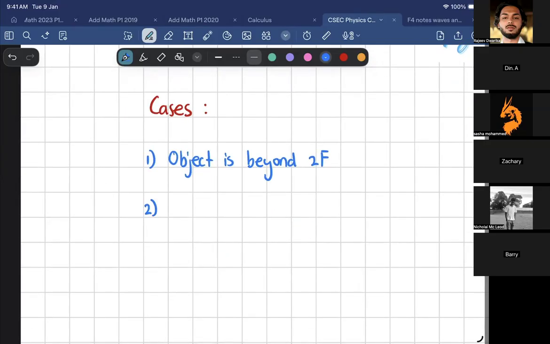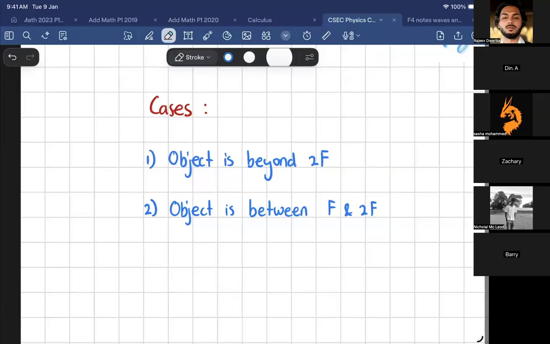The second case, your object is between f and 2f. Third case? Oh, none. These are the only two cases you really have to concern yourself with: if the object is beyond 2f and if the object is between f and 2f. And I'll show you why.